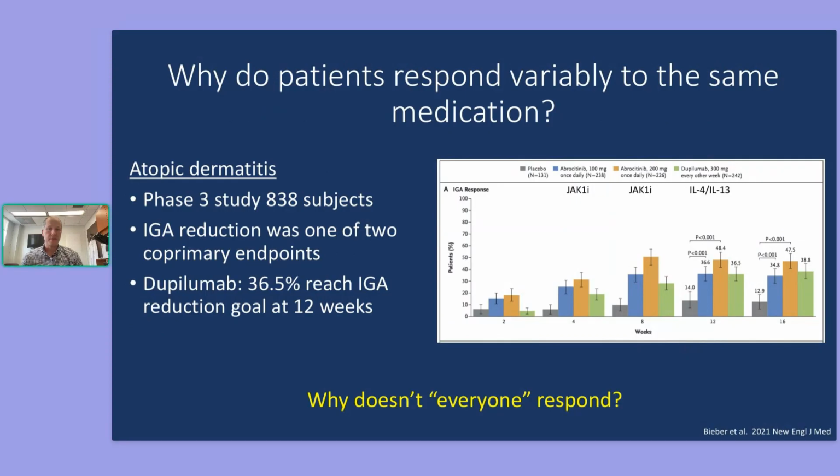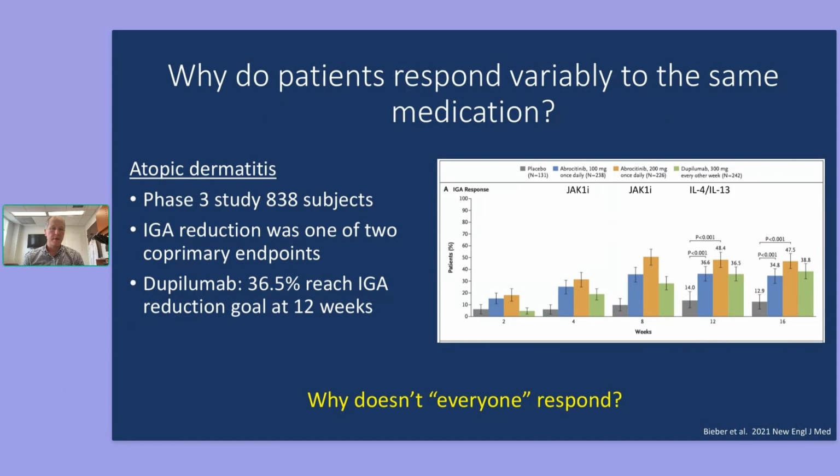And when we look at this study, which compared dupilumab, which blocks IL-4 receptor alpha, IL-4 and IL-13 signal via IL-4 receptor alpha. Why don't the patients all respond, and why is this response variable? In contrast, JAK inhibitors, JAKs are proteins that block a number of different cytokines, IL-4, IL-13, and others.